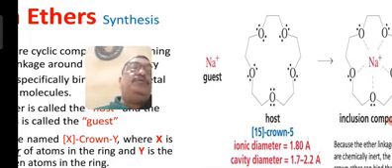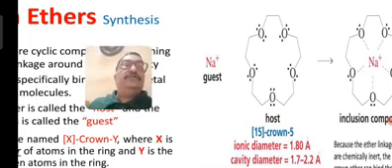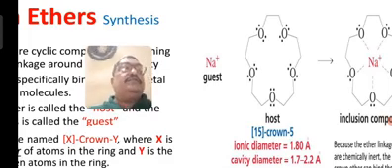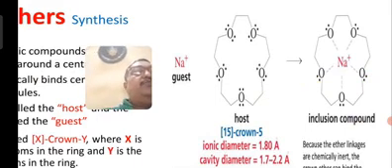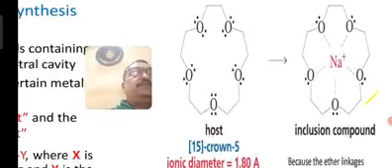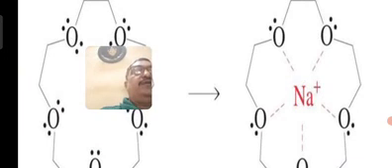When allowed to react with a metal like sodium in the mixture, sodium will be held exactly at the center of the crown ether, and you will get Na with oxygen dotted-line bonds. You can see here, this is a complex-type compound that is going to form.